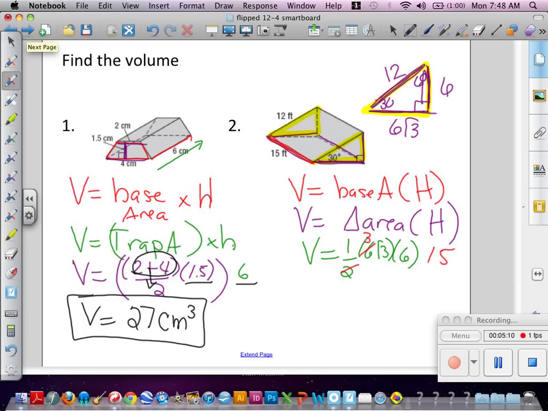So I'm going to take 3 times 6 times 15, and that's going to get me 270 root 3. If they were asking me for an exact answer, that's what I'd be writing down. I believe your book is going to ask you for decimals, so you can go ahead and punch that in your calculator. 467.7 feet cubed.